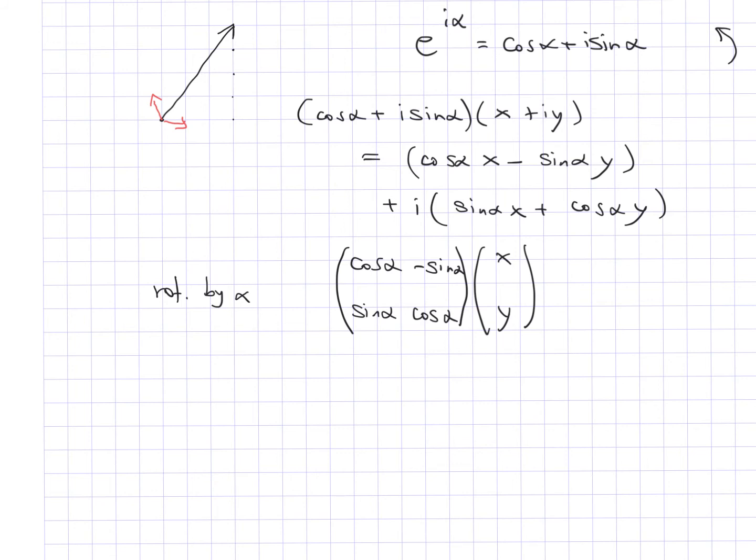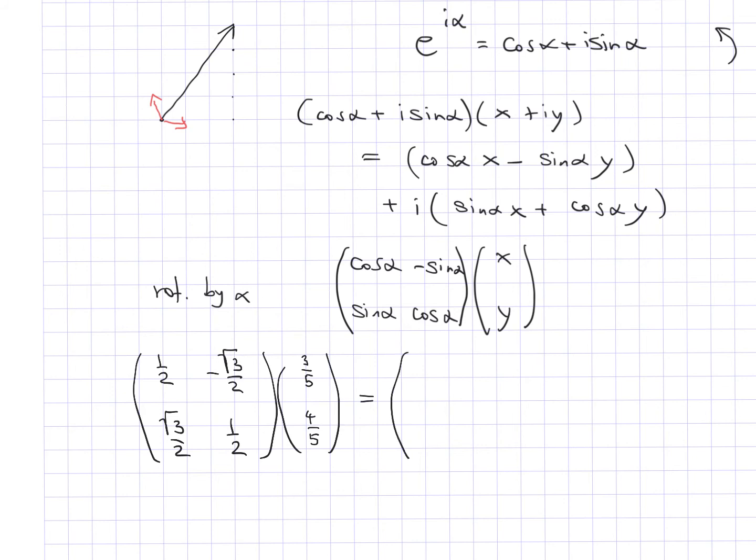and sine alpha x plus cosine alpha y for the second one. So in our case, this is easy, and unit vectors get rotated into unit vectors. So you have this vector, and then you have cosine of 60 degrees, that is 1/2, minus sine of 60 degrees, which is square root of 3 over 2 here, and here you get 1/2. And now you just have to multiply that out.